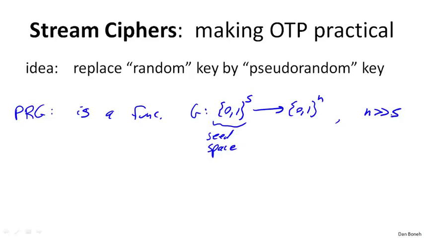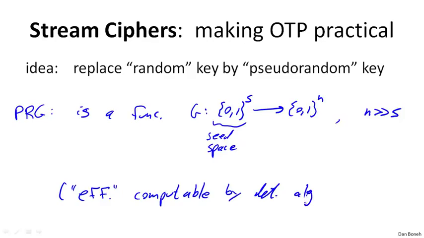In other words, we take a seed that might be maybe only 128 bits, and we expand it into a much, much larger output string that could be gigabytes long. That's what this pseudo-random generator does. And of course, the goal is that, first of all, the generator is efficiently computable. So for the function G, there should be an efficient algorithm that computes it, a deterministic algorithm.